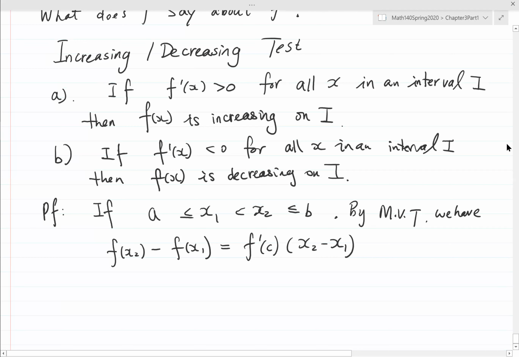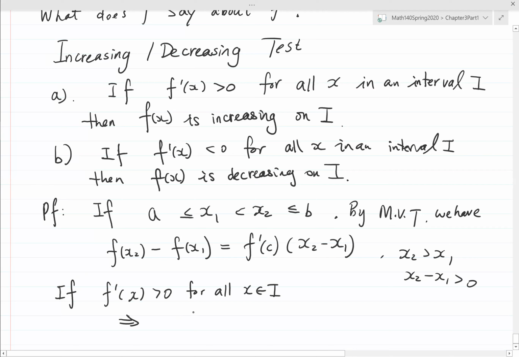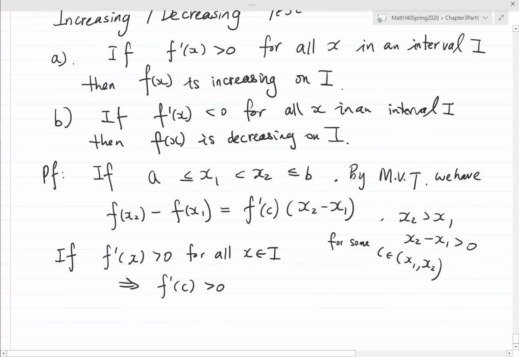Now remember x2 is bigger than x1, so x2 minus x1 is positive. If f derivative is positive for all x in I, then for some c in between x1 and x2, c is in I, so f derivative of c is positive.